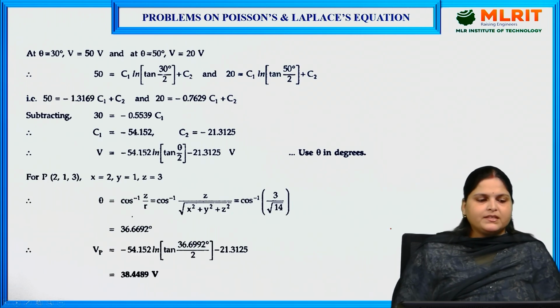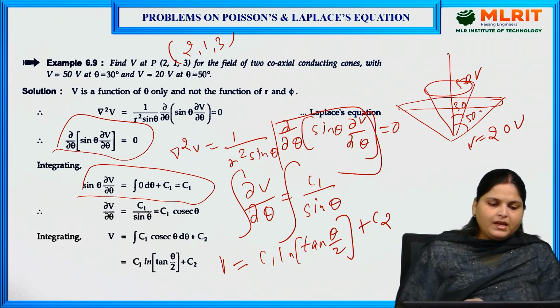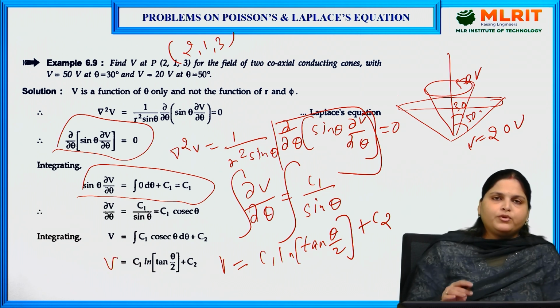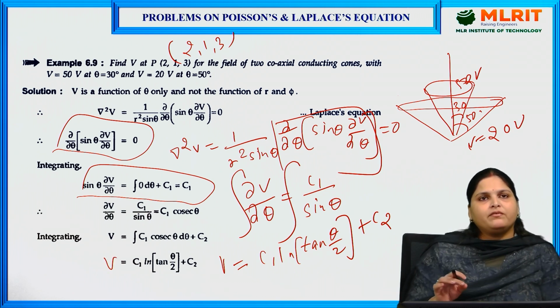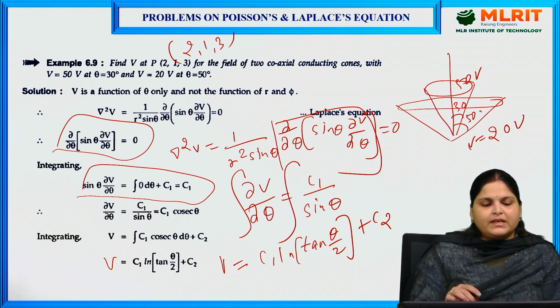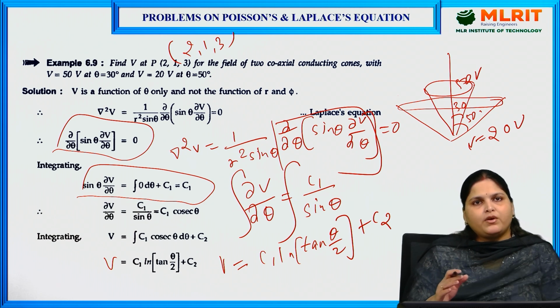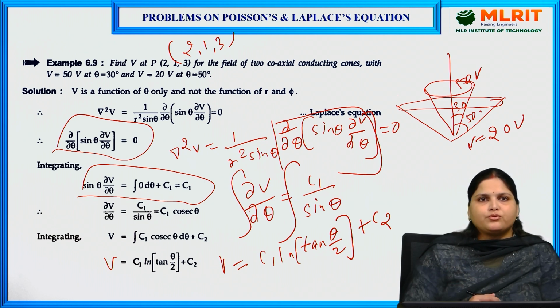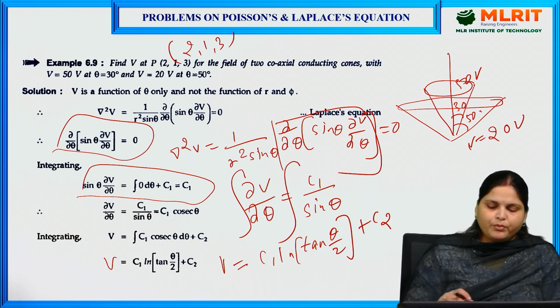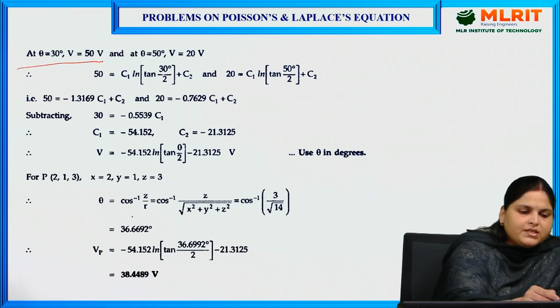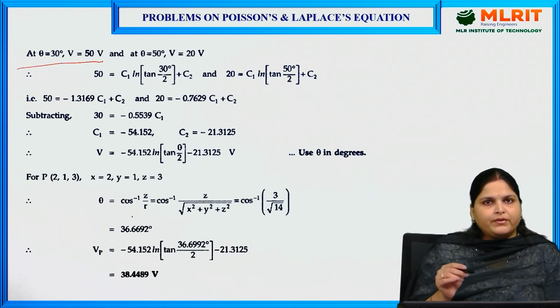That is the equation, and in this equation we have to put the boundary values: theta equals 30, V equals 50, then theta equals 50, V equals 20 volts. So one by one we will put these boundary values. Let us first put theta equals 30 and V equals 50.